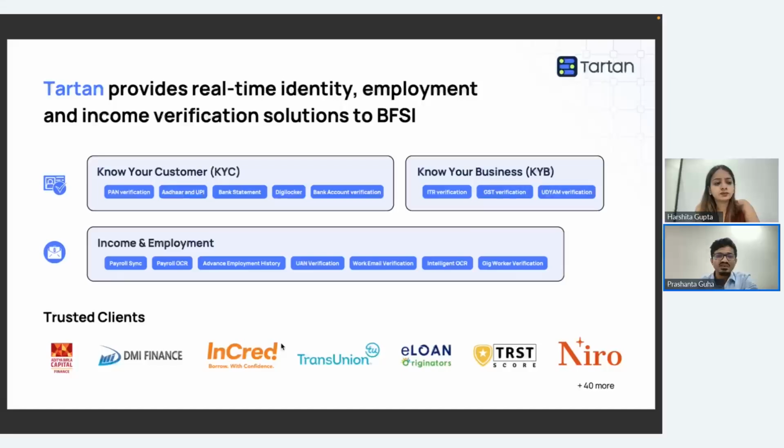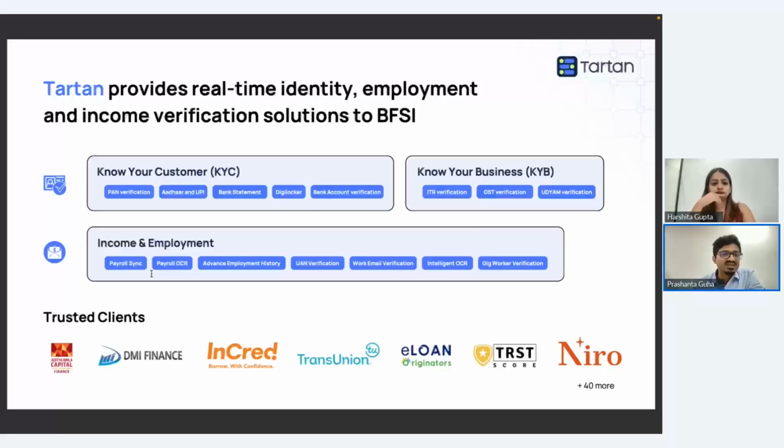Secondly, when we are asking them to upload a lot of different documents, say different pay slips, instead of that, you can just integrate our payroll sync APIs where they can give consent to their particular HRMS system, which will get the data directly from the source. So this accomplishes two things at once.